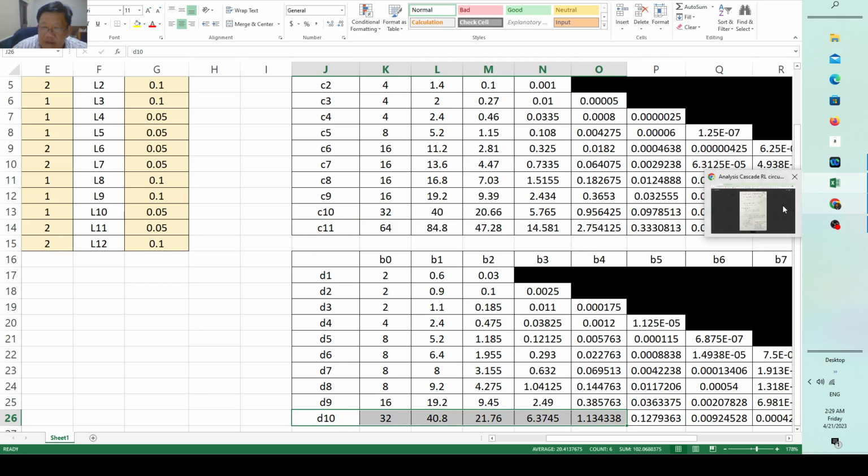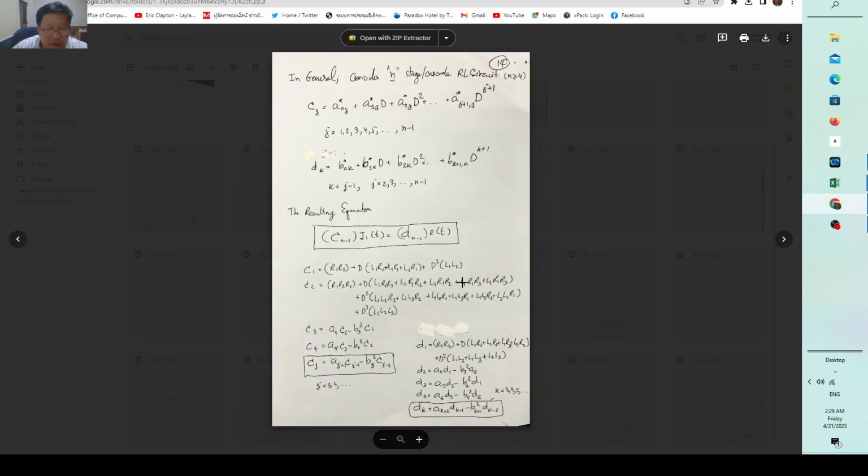So no matter how many loops you write down, with this given data you can find I1, the corresponding higher order differential equation.